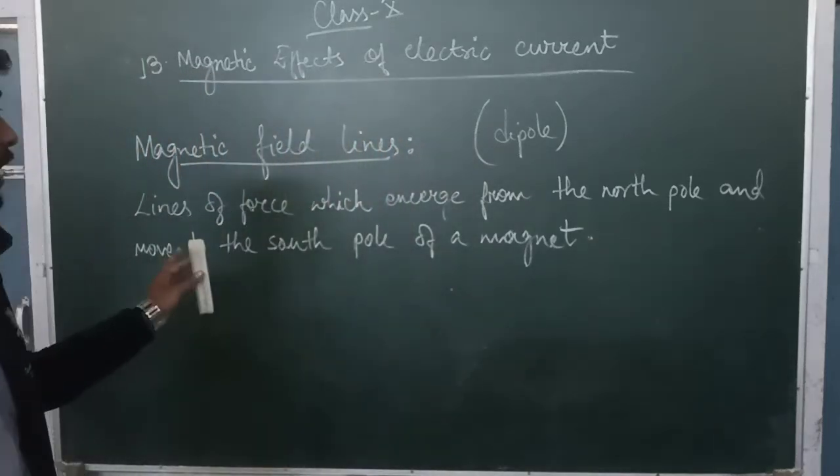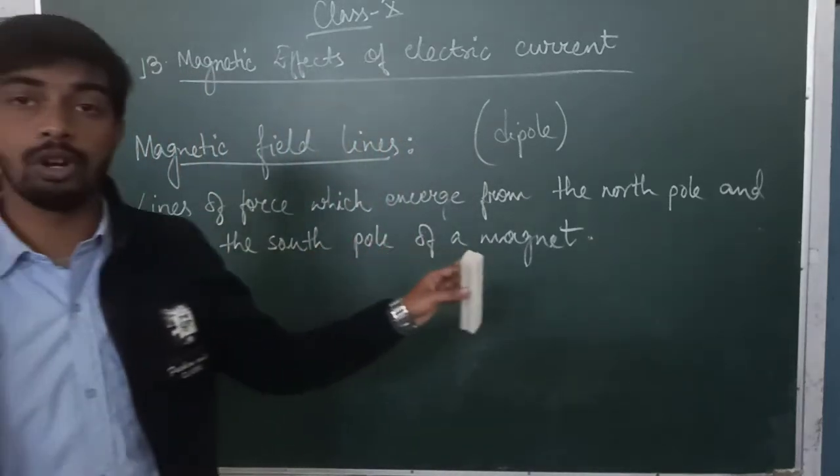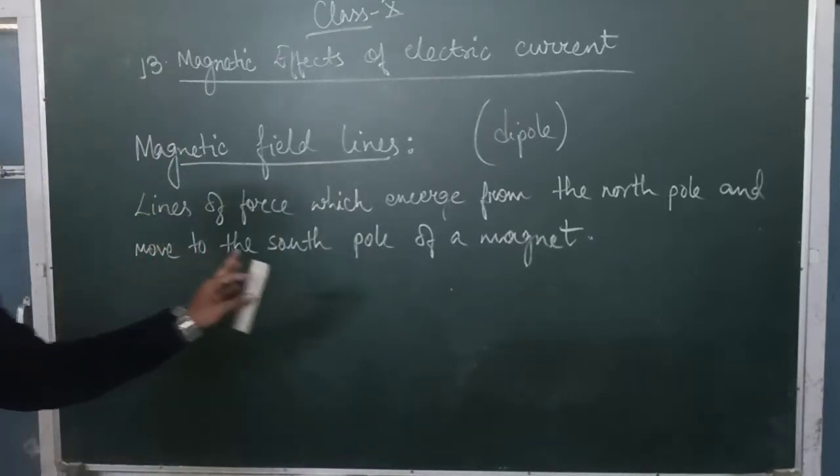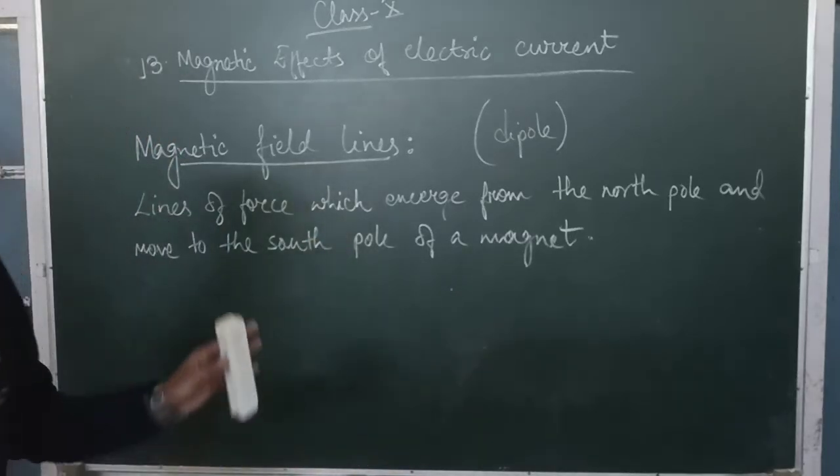Magnetic field lines are lines of force which emerge from the north pole and move to the south pole of a magnet. You can write it down.